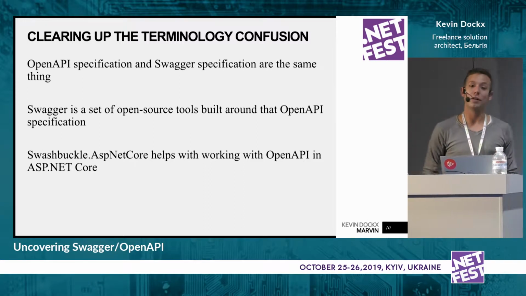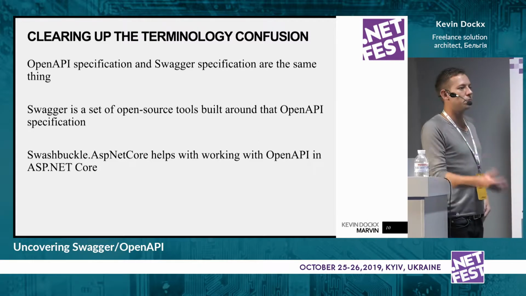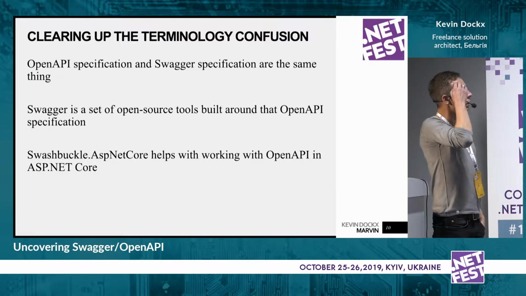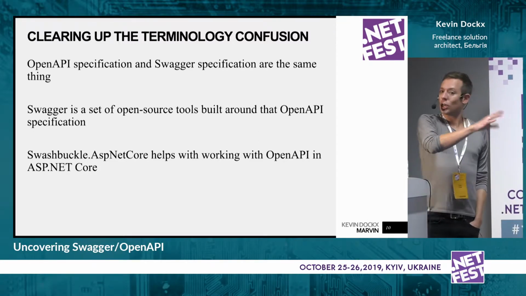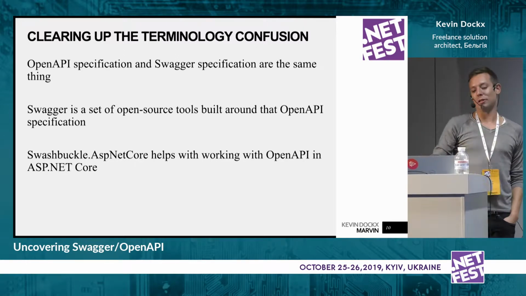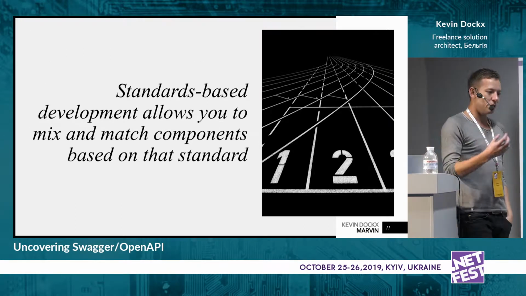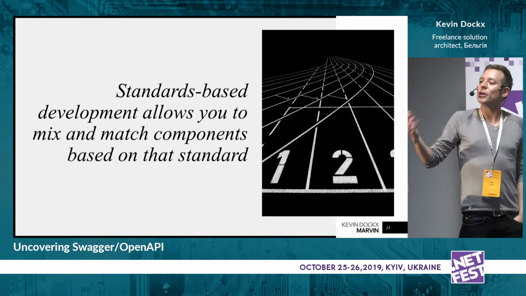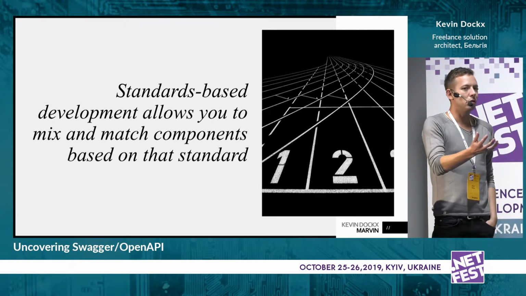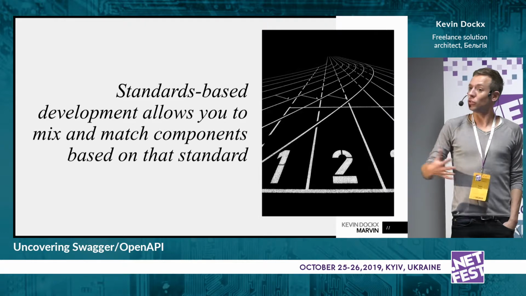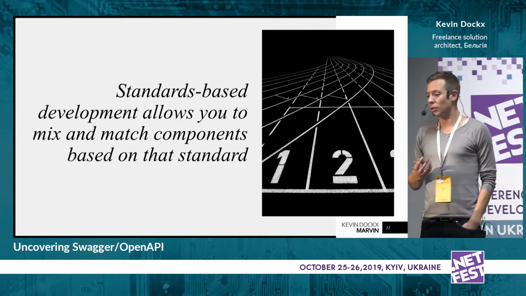competition actually. NSwag Studio is a bit of a competitor to Swashbuckle. And it kind of does the same thing as Swashbuckle does. Now, the nice thing though is that this is fully based on a standard. So I can just use whatever I want to use and whatever I prefer to use.